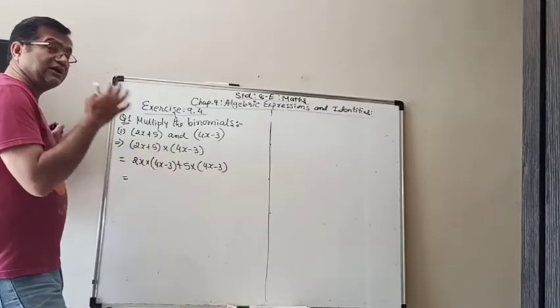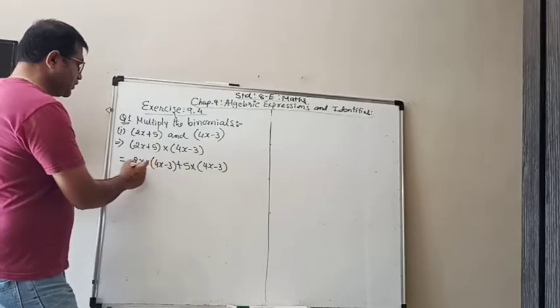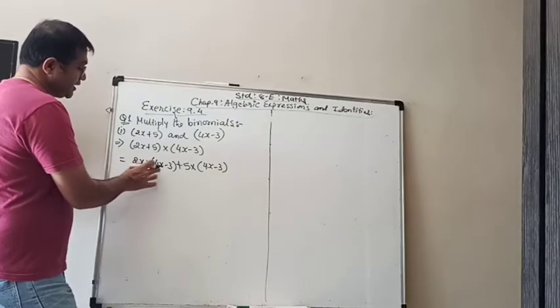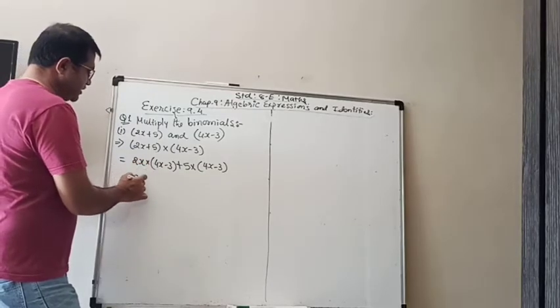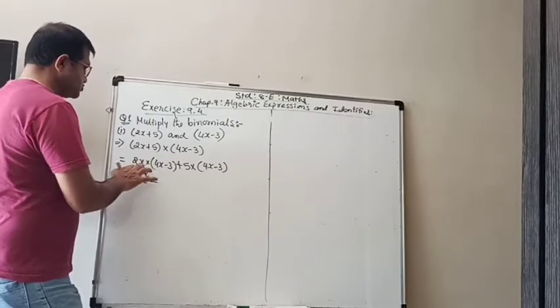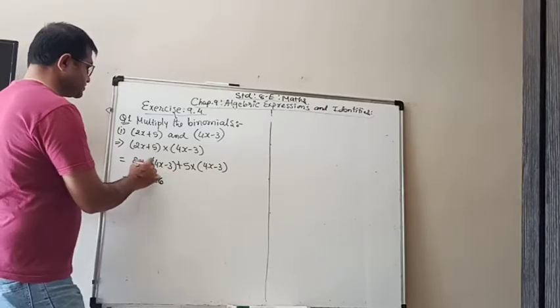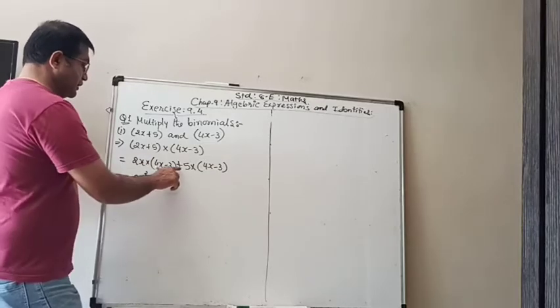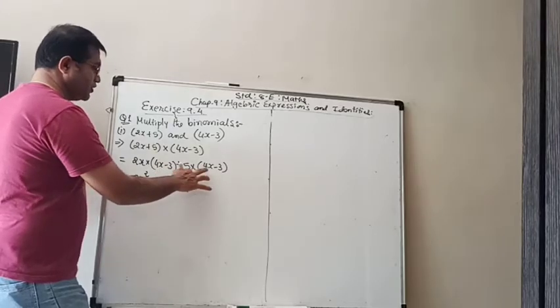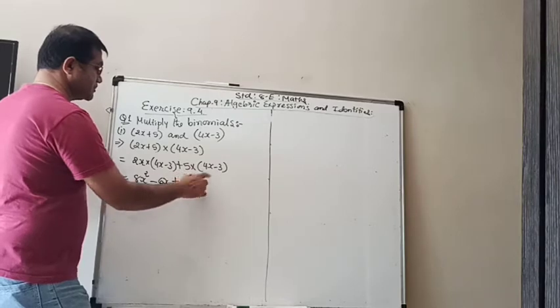Then by the distributive law, 2x into 4x. You can directly write down: 2 4s are 8, x into x is x square. Minus 2x into 3, so 2 3s are 6x. Now plus 5 into 4x, so 5 4s are 20x.